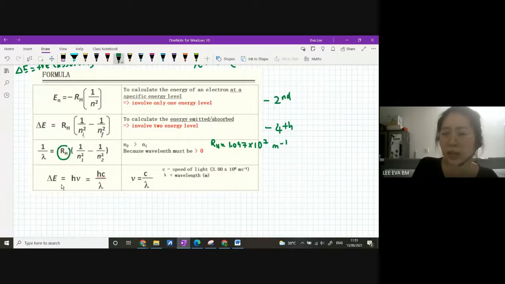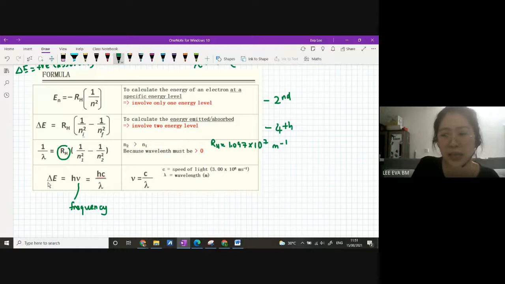The fourth formula, delta E equals to H nu. Madam nak tahu mu ini maksudnya apa? Frequency. Dalam video pun ada, so madam tak repeats again.